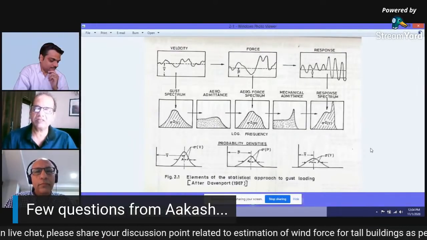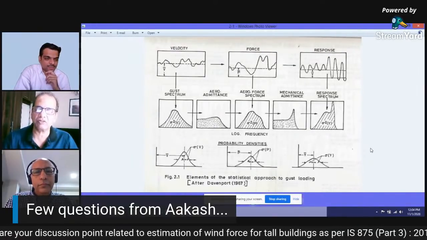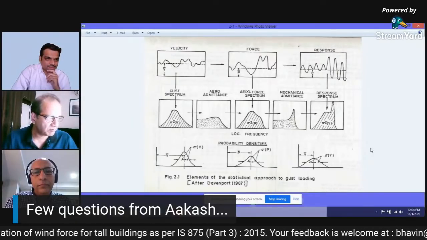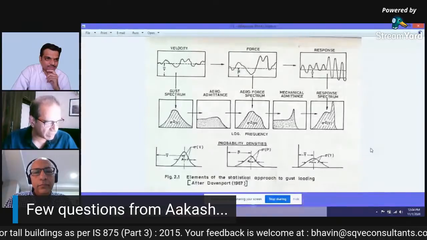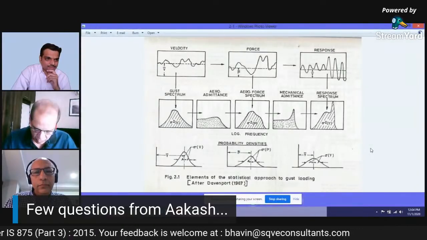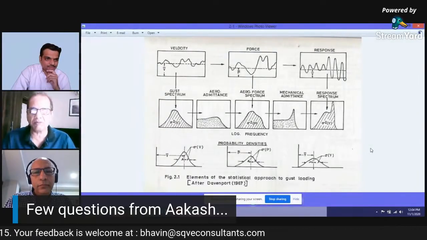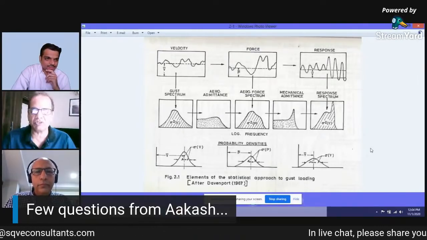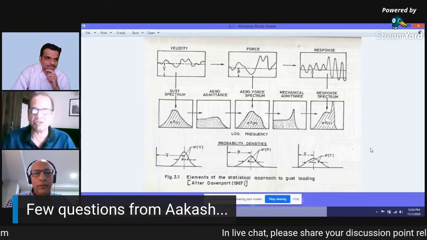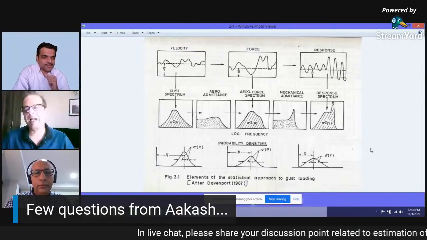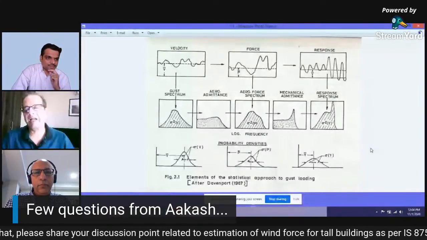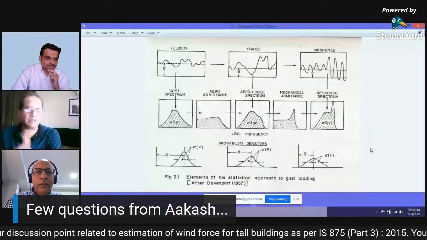When this aerodynamic force spectrum works on the structure, mechanical admittance is nothing but the structure's dynamic property enhancement. Those who are familiar with machine foundation design know this term mechanical admittance very well. And then some spectrum are matching with the structural frequency and some are not matching.